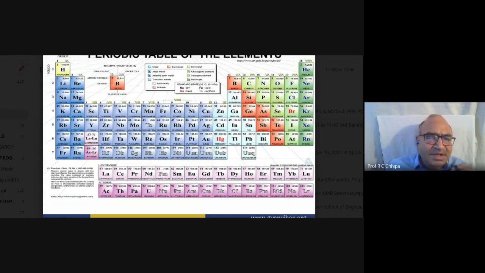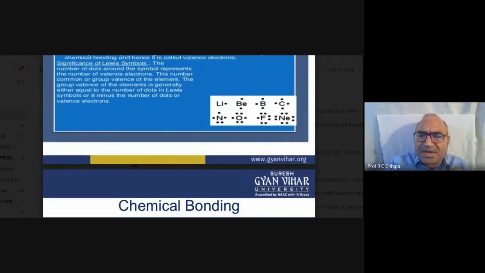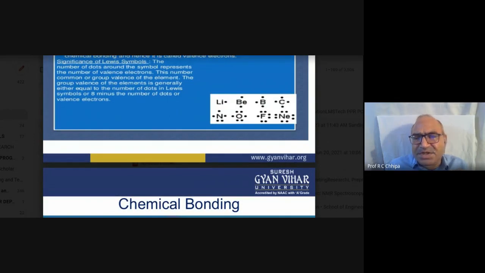In the second period, starting from lithium and ending with neon: lithium has 1 outermost electron, beryllium 2, boron 3, carbon 4, nitrogen 5, oxygen 6, fluorine 7, and neon 8 electrons.